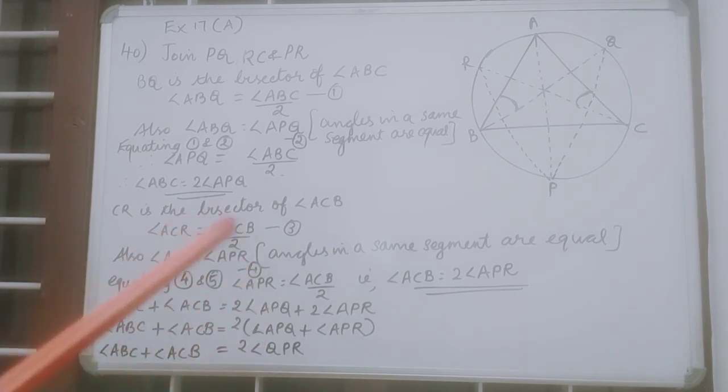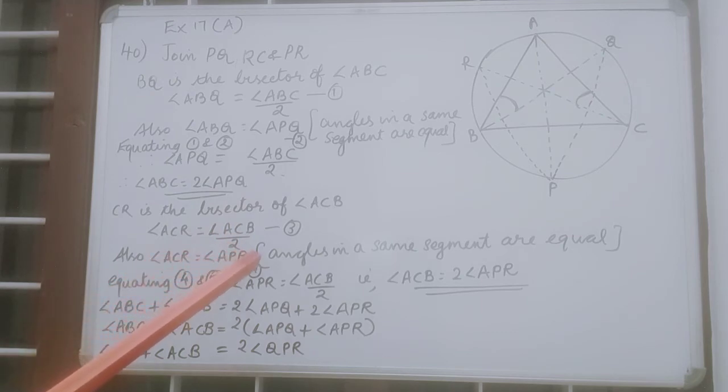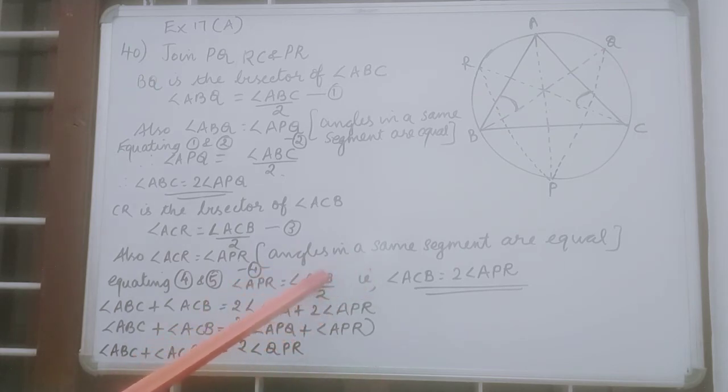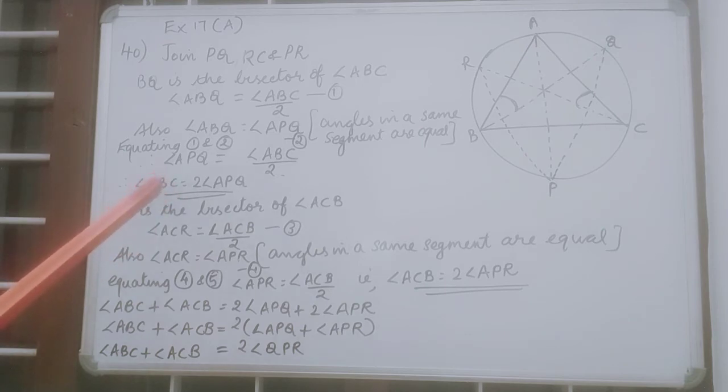So ACR is equal to angle ACB by 2 and ACR is also equal to angle APR. So equating these two, we can directly write angle APR is equal to angle ACB by 2. That is, cross multiply, angle ACB is equal to 2 angle APR. That is the third part. Then adding these two, angle ABC plus angle ACB.